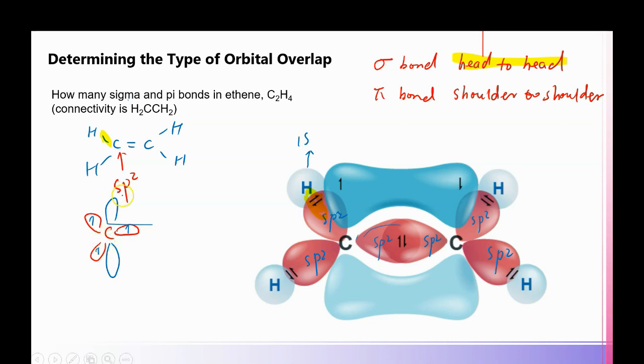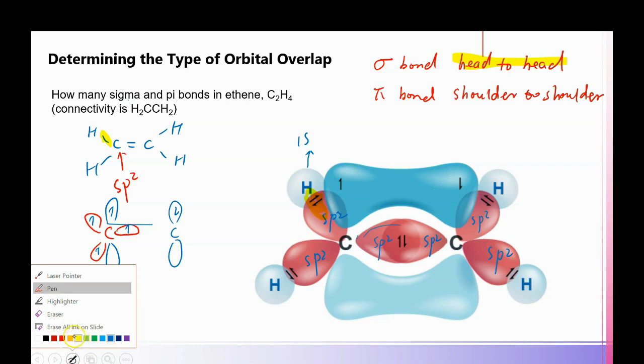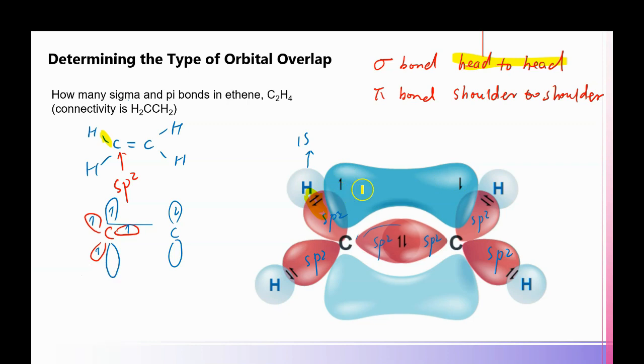We have one electron here, and so does the other carbon. There is a p orbital left, so there is another electron. So they overlap, and that's what we see here. This overlapping is our pi orbital. You see here, this is the same thing as here.